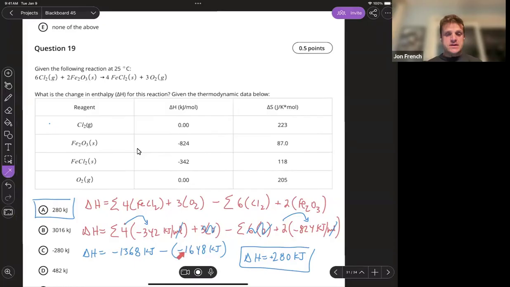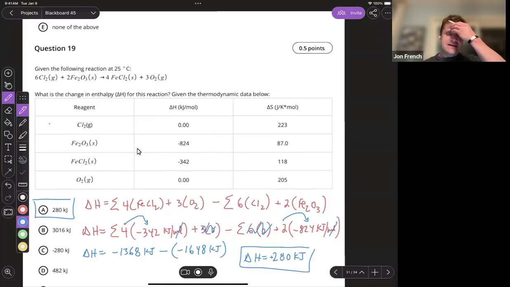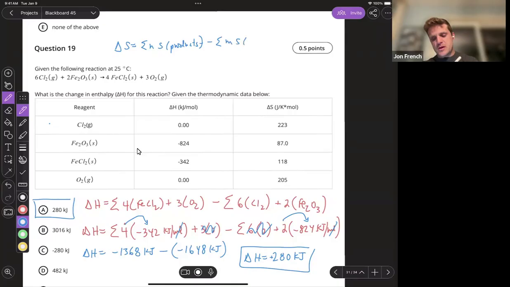All right, so again, the biggest mistakes people make are just the small stuff, like you're subtracting a negative, so we are adding this across. These equations are all summations, right? How do we find a change in anything? Change in anything is always final minus initial. So whether it's a delta S, a delta H, a delta G, they are always going to be the sum of the moles and entropy of my products minus the sum of how many moles and the entropy of my reactants.